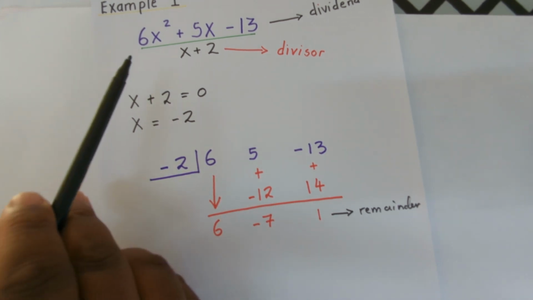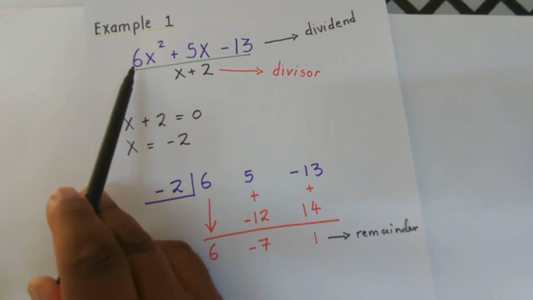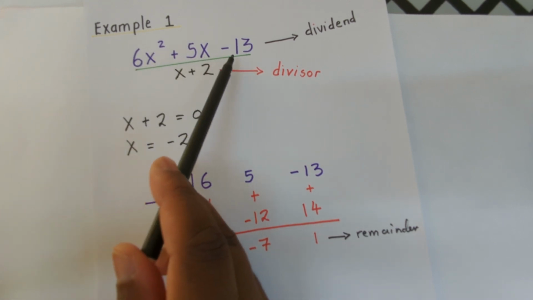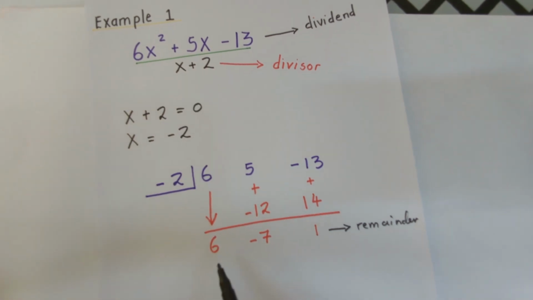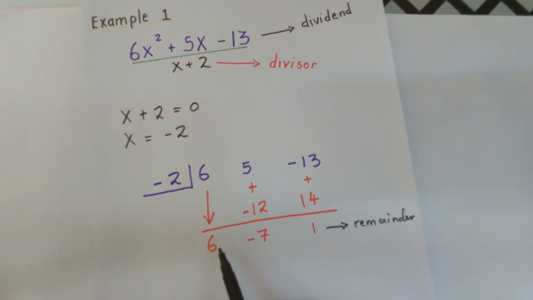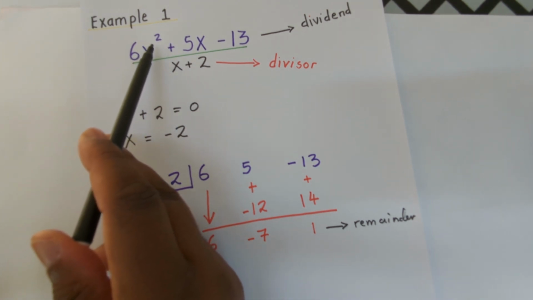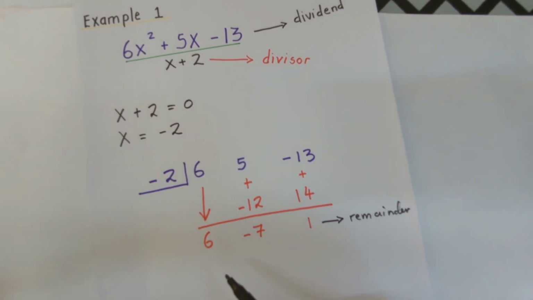Because our original question had a degree of 2, it was 6x to the power 2 plus 5x minus 13, our answer is going to start from a degree 1 less than the degree in our dividend. So this one was x to the power 2, so our answer is going to start from x to the power of 1.